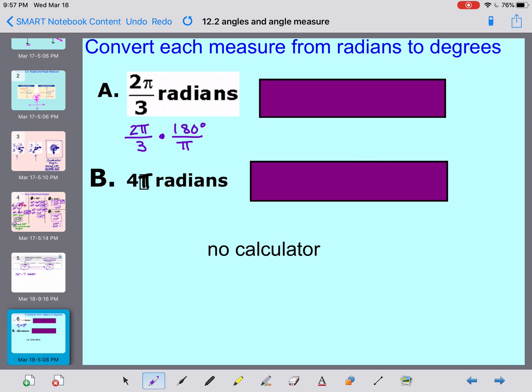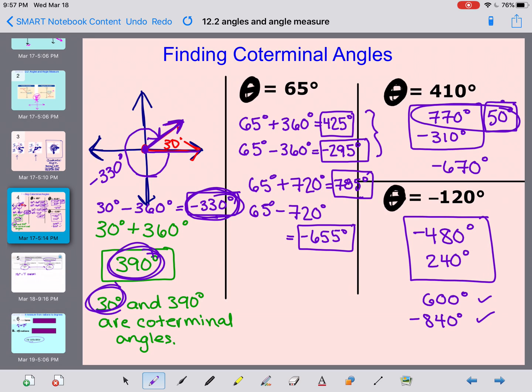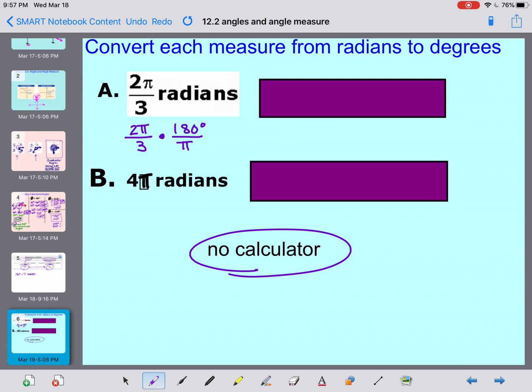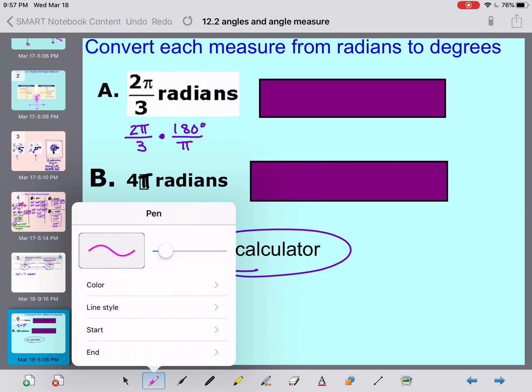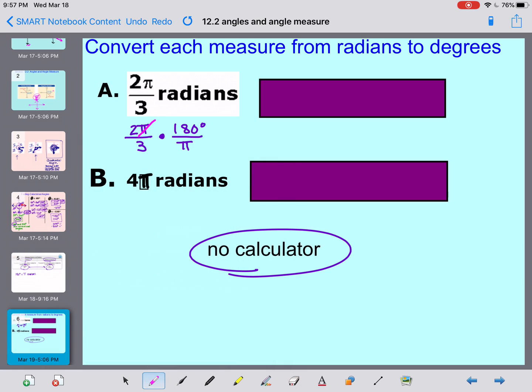Now, note that this would be a no calculator question, right? And actually probably the same with this slide, find all the coterminal angles, that would be no calculator. I know you guys can handle it, right? So 2 pi over 3 times 180 over pi, those pi's would cancel.